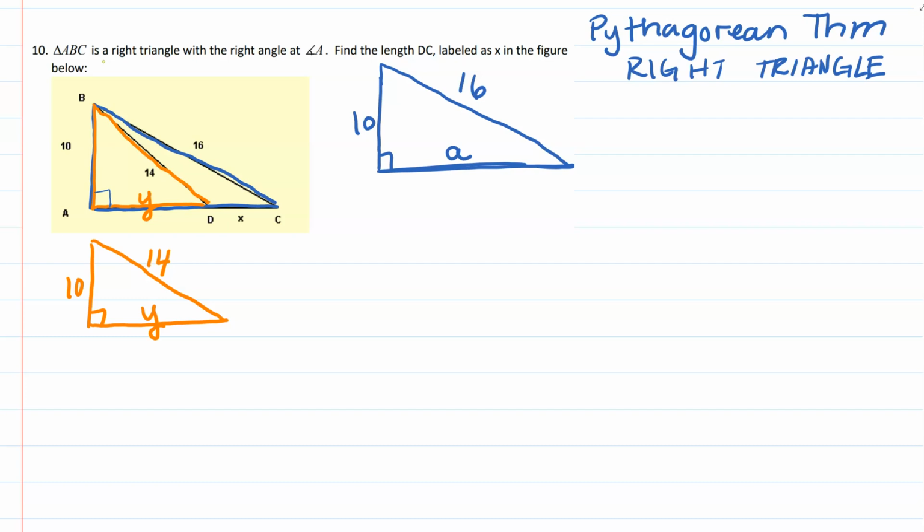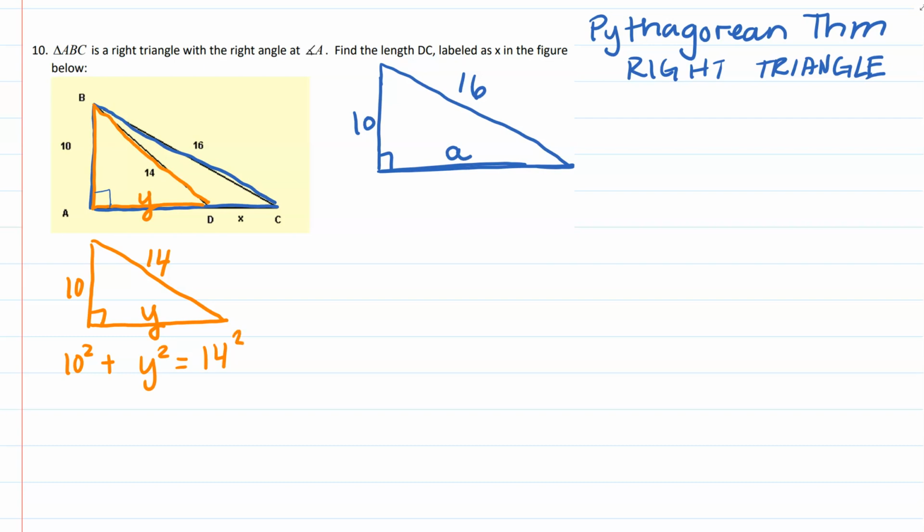So with this orange triangle here, we would say 10 squared plus 14 squared is equal, oh no, that's not it. It has to be leg squared plus the other leg squared, which would be y squared, is equal to the hypotenuse squared, which is 14 squared.